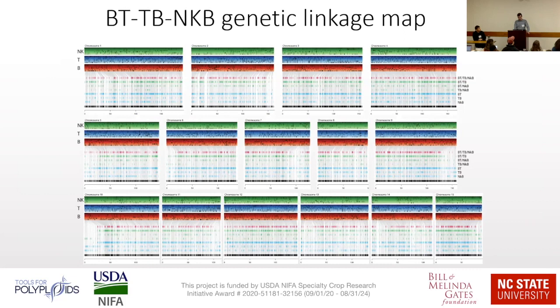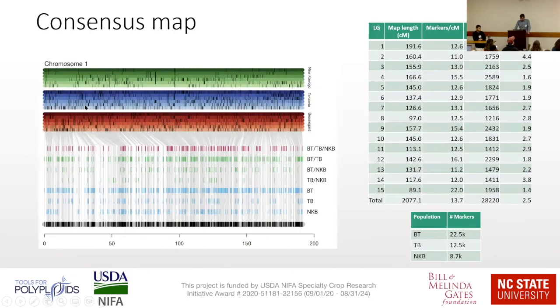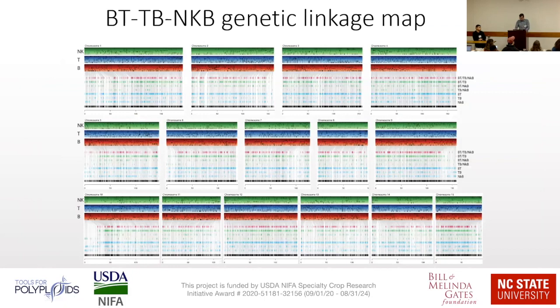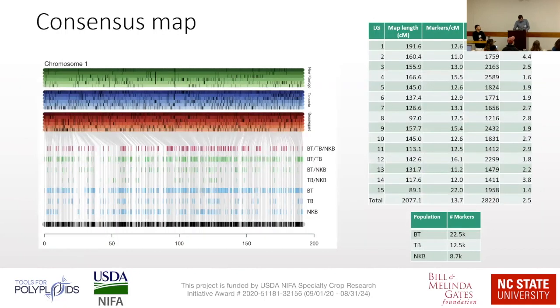I'm just gonna show you. So we have our 15 chromosomes. This is the whole map, but I'm going to zoom in on chromosome 1. Here you have our 6 haplotypes for each one of the parents in this joint population.